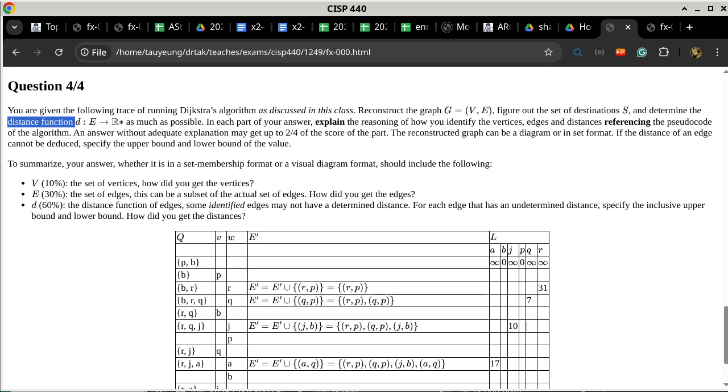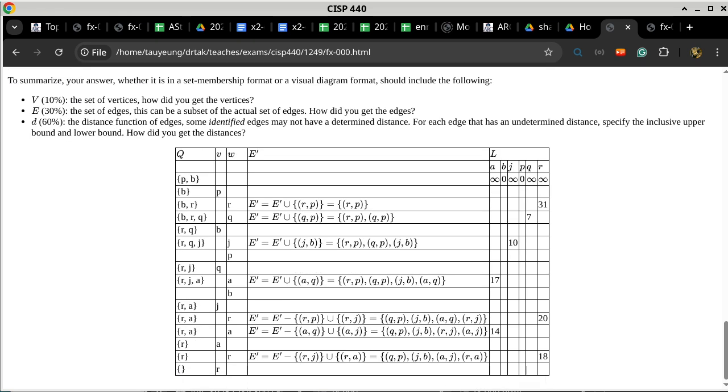In summary, your answer, whether it is in a set membership format or a visual diagram format, should include the following. The set of all the vertices is super easy, because if you make a union of all the Q's, that's pretty much the best you can do.